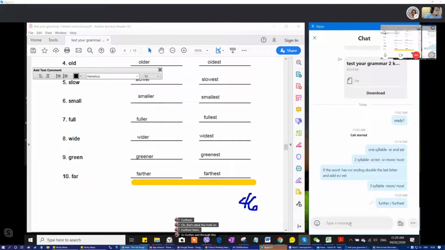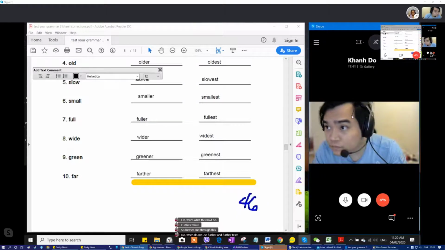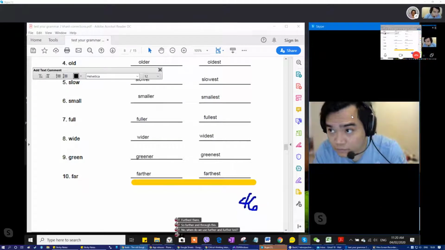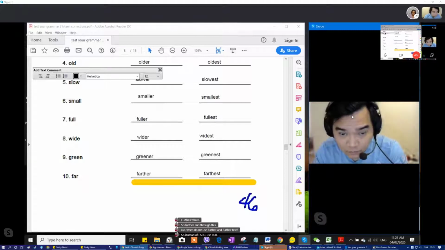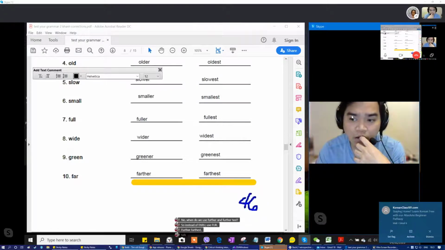Now, when do we use further and furthest? Instead of FAR, you use FUR. Further, furthest. When you talk about location.